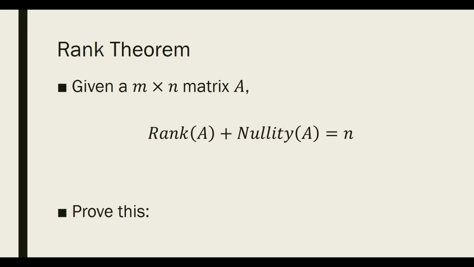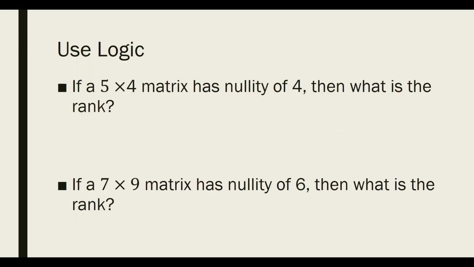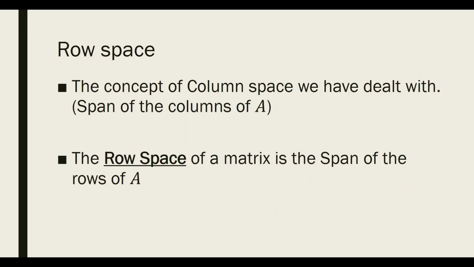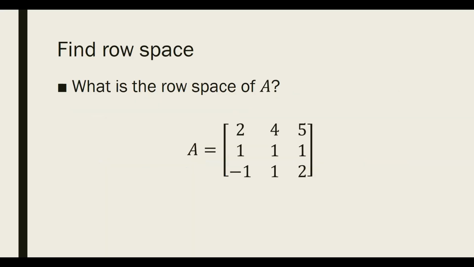That's because the number of columns can be thought of as pivot columns and free variables. Pivot columns all represent basis vectors for your column space. Free variables all represent basis vectors for the null space. So being able to use logic and then that observation. Okay?